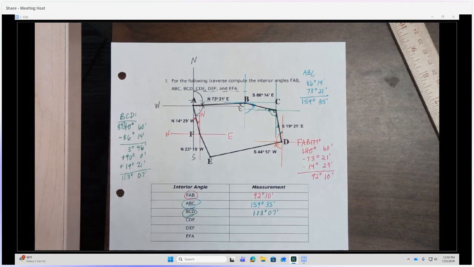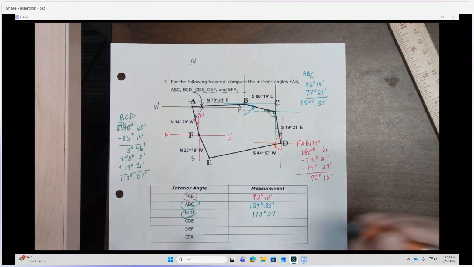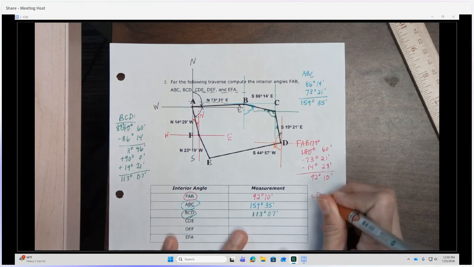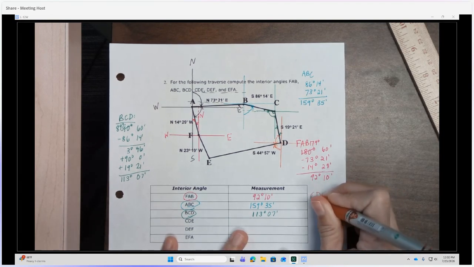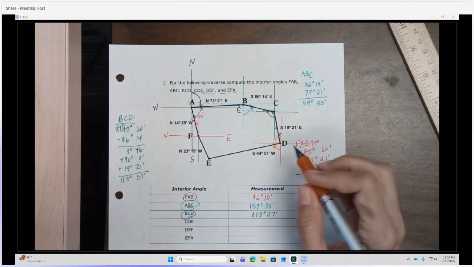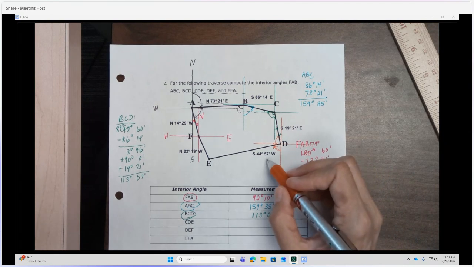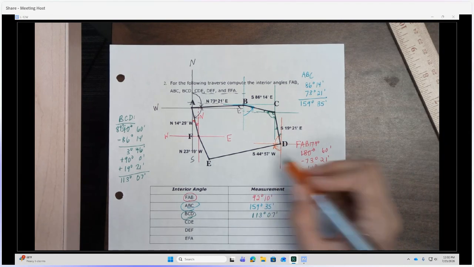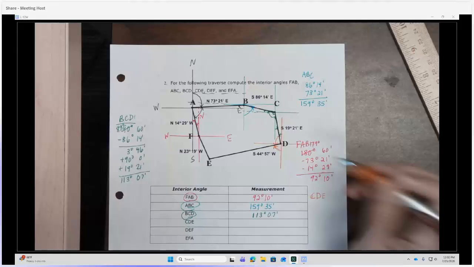So in order to find that CDE, I'm going to go ahead, put that here, and take this 44 degrees, 57 minutes, and subtract that from 90, right?